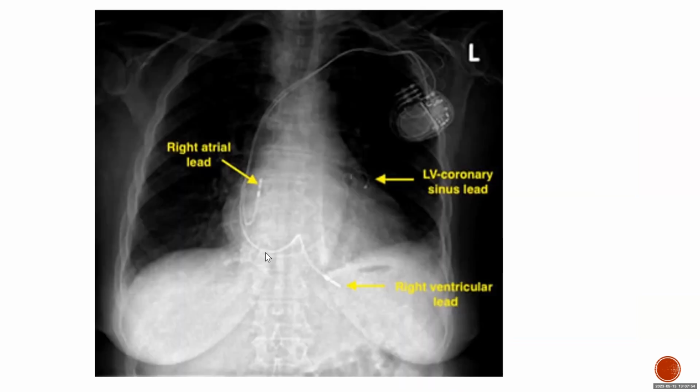Sometimes we implant a left ventricular lead. So this goes through the coronary sinus into one of the branches of the coronary sinus. So again, this is the RA lead in the right atrial appendage. This is the RV lead in the RV apex. And this is the LV lead, or coronary sinus lead.